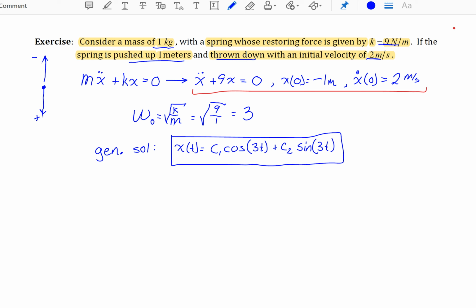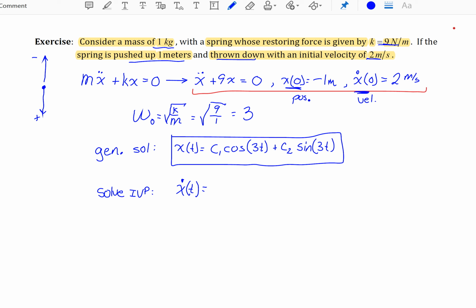However, we're given an IVP, so let's continue. Remember, our initial value problem gives us information about our position and our velocity. So we need to get a velocity function, which I'll write as x dot of t. Take your derivative.